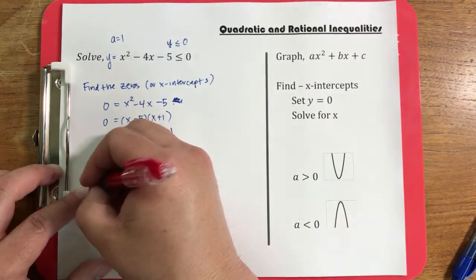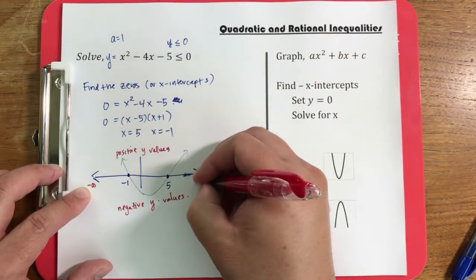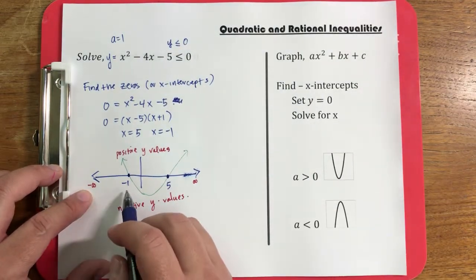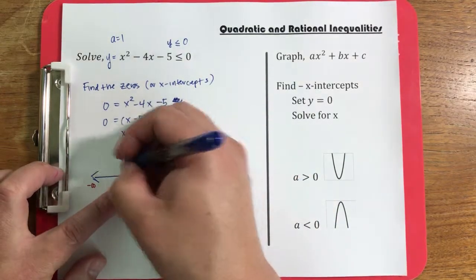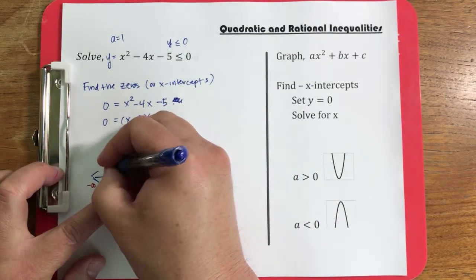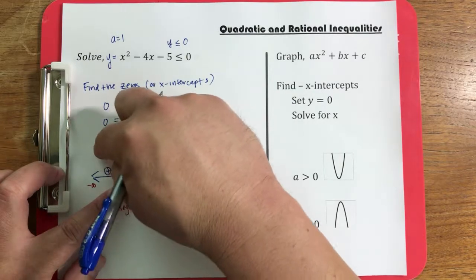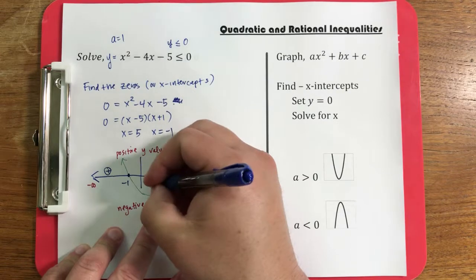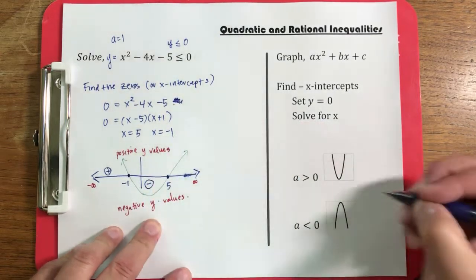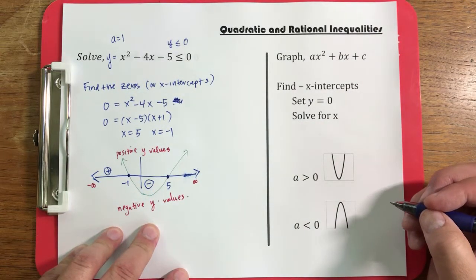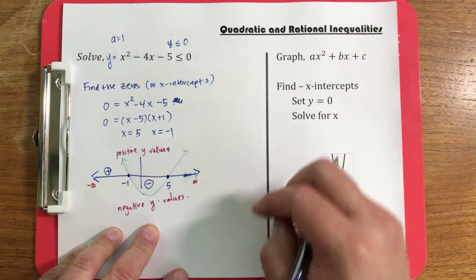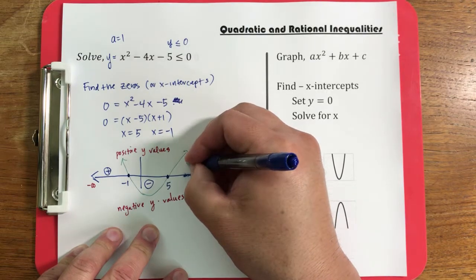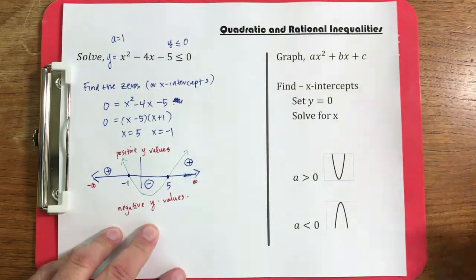If we look at these regions, we can see that between -infinity and -1, the graph is in the positive y area. Between -1 and 5, the graph is in the negative y area. And bigger than 5, the graph is in the positive y area.